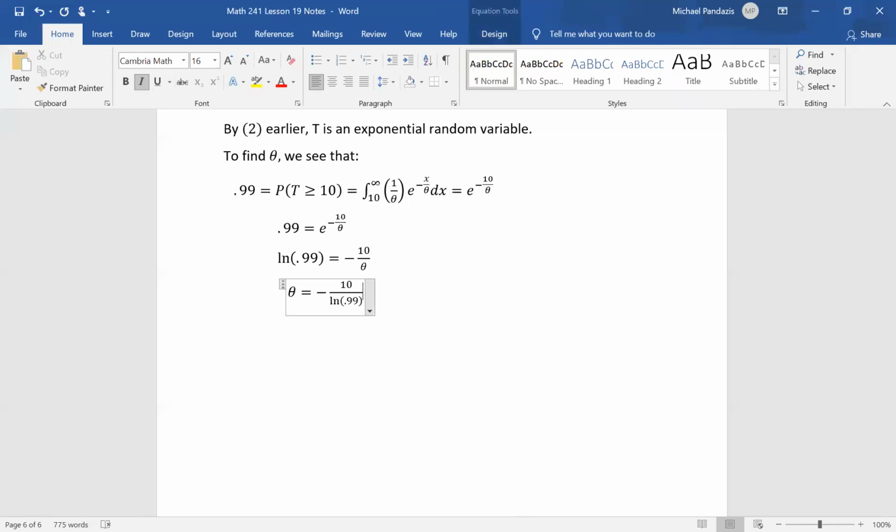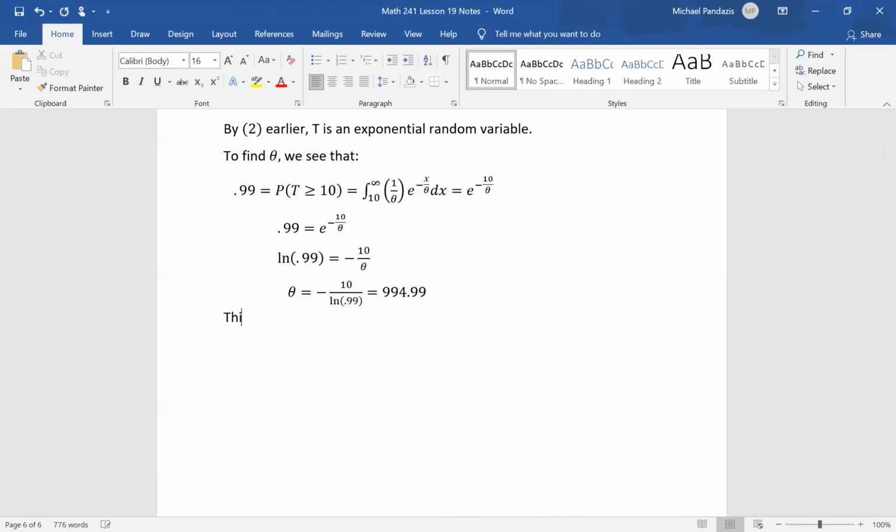Okay, and then when you calculate that, that's equal to positive 994.99. Okay, ln of values less than 1 is negative. So this is actually negative in the denominator. So it's negative 10 divided by a negative value, and that's why this is positive.